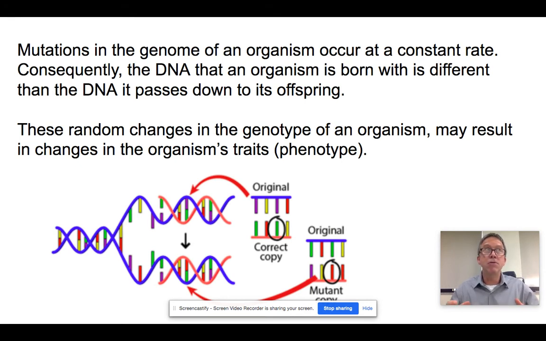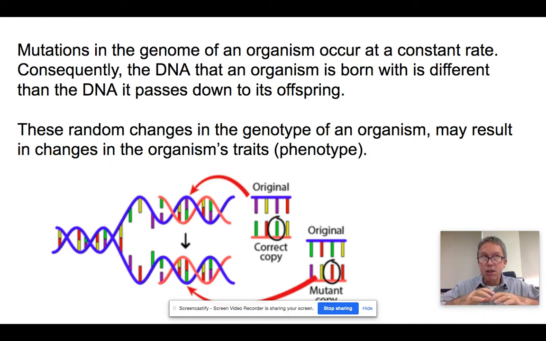And then some of those that do cause something to happen, they cause a change in the protein that's coded for by a gene. Most of those changes are either unimportant, they don't make much difference, or they are deleterious, they are harmful. But every once in a while, one of these mutations actually produces a protein that makes a trait a little bit better for the situation in which an organism finds itself. And if that's the case, then that gene is more likely to get expressed, and therefore evolution is going to occur.